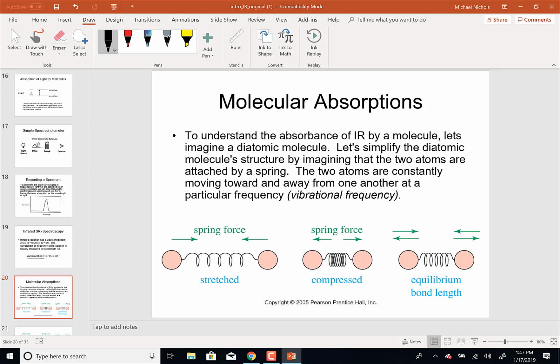And the beauty about light is that we can resolve light very precisely, down to a nanometer. So we can tell the difference in even the slightest variations on that frequency. So the vibrational frequencies then are in infrared.